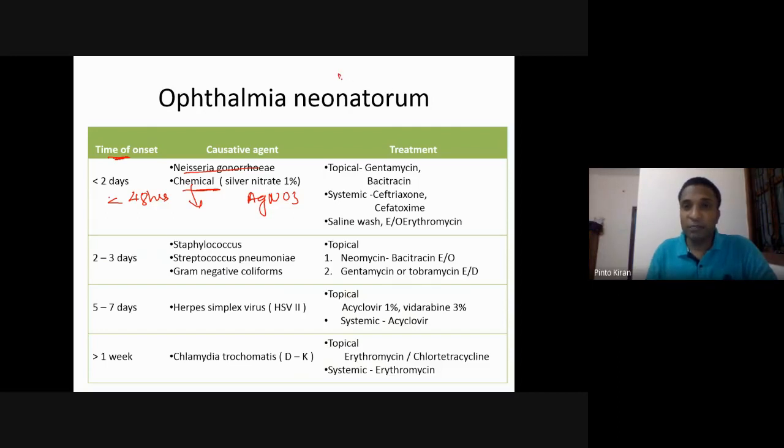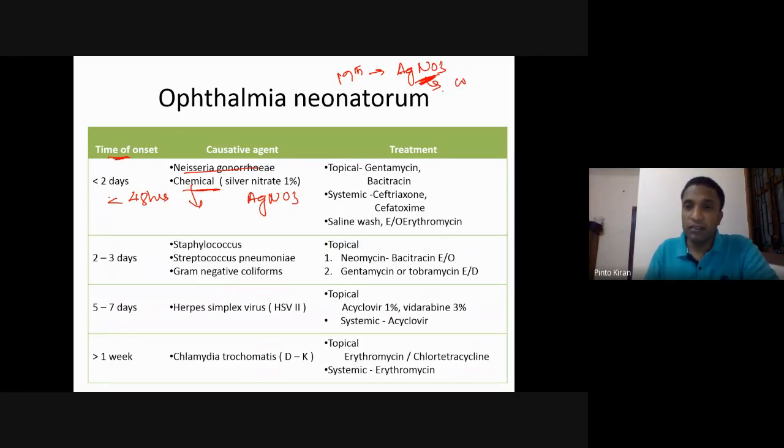In the olden days, maybe in the 19th century, silver nitrate used to be the treatment of choice to prevent ophthalmia neonatorum. What they thought was that it agglutinates all the gonorrheal diplococci, but then they observed that because of this chemical, patients started developing conjunctivitis known as chemically induced conjunctivitis.